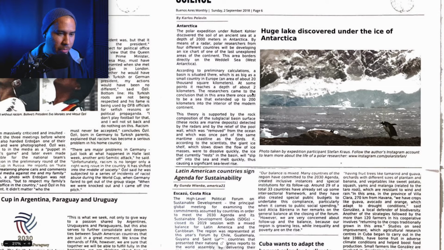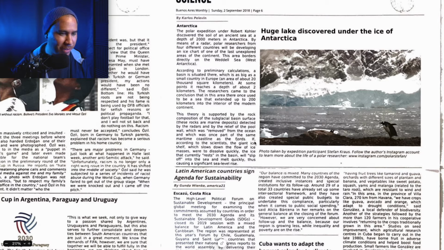The researchers came to the conclusion that in this area, there once used to be a sea that extended up to 200 kilometers into the interior of the modern continent. This theory is supported by the rock composition of the subglacial basin surface. These rocks are marine deposits, detected by the radars and by the relief of the pool wall, which was removed, in quotes, from the ocean and which was once part of the same maritime coastline as the fjords.